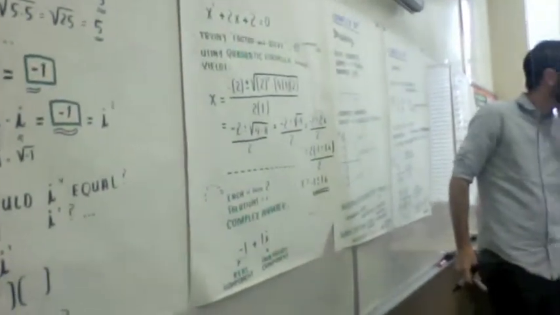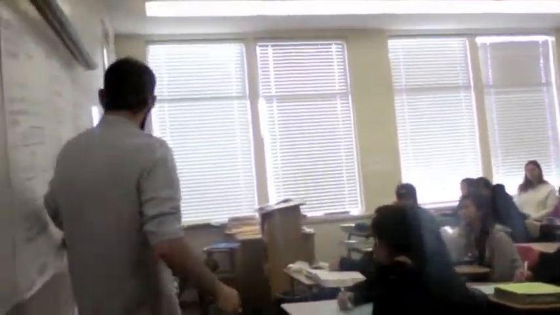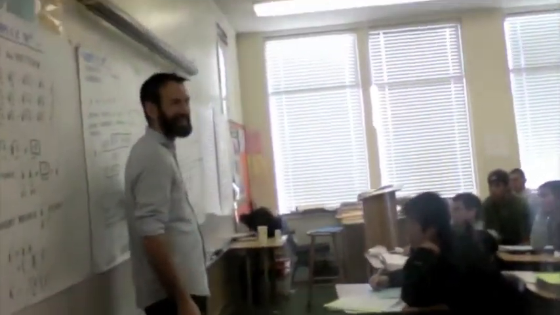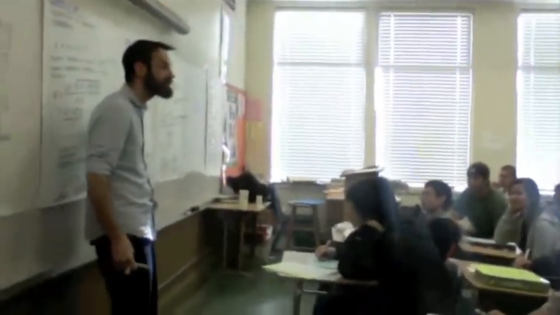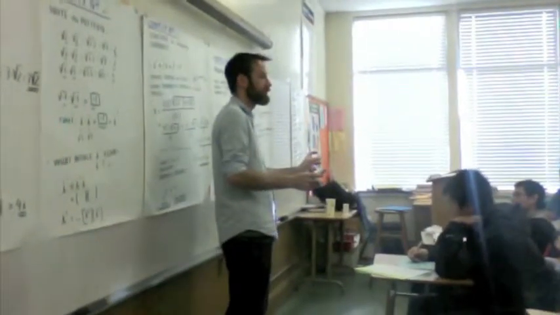Great. Anyone want to offer one last one? Daisy, what do you got? -4 minus 2i. Great. If you are going to take two complex numbers and add them, you simply combine the real parts and combine the imaginary parts. It's almost like combining like terms.